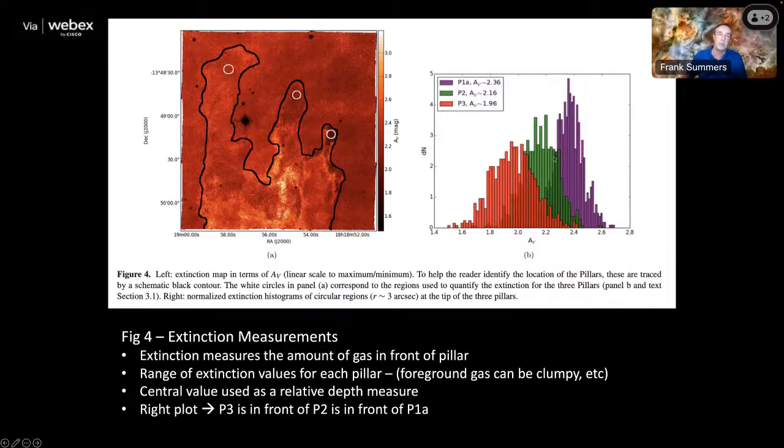And this purple represents pillar 1A, and you can see that it's got a higher extinction measure than this green, that's pillar 2, slightly lower extinction measure, and even lower is this red graph, pillar 3. So what does this tell us? That in our position, pillar 3 is in front of pillar 2, which is in front of pillar 1. They didn't measure pillar 1B, okay? So the pillars are actually ordered in distance from right to left.